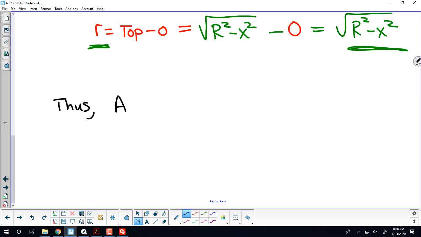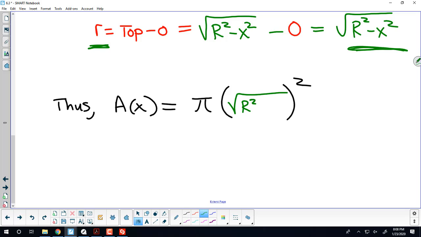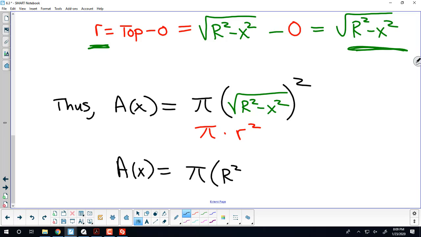Thus, the area function in terms of x is pi times the small radius squared, which of course just gives us pi times R squared minus x squared.